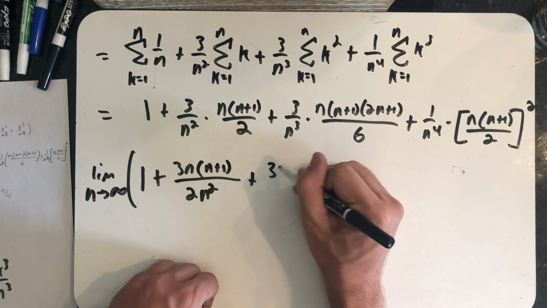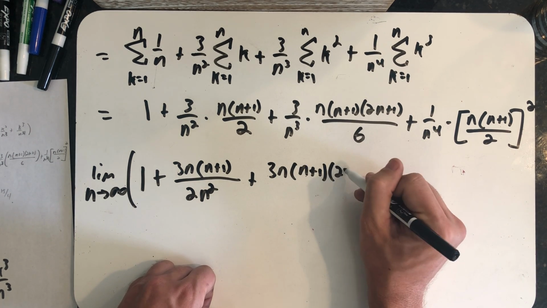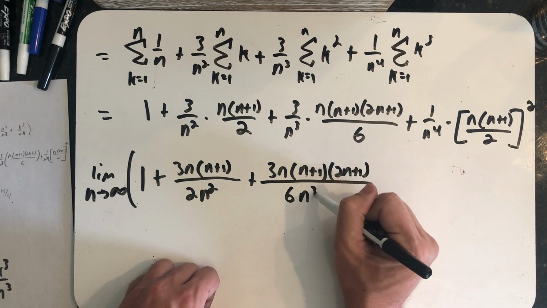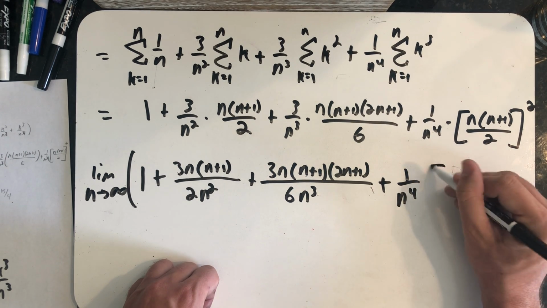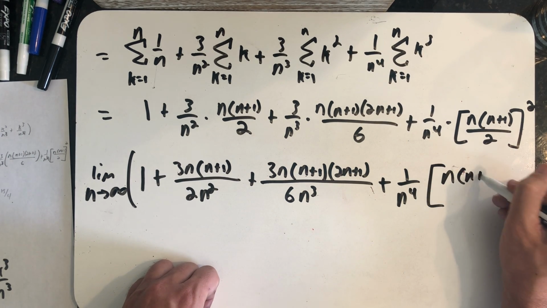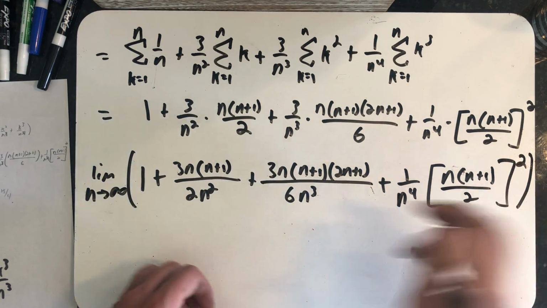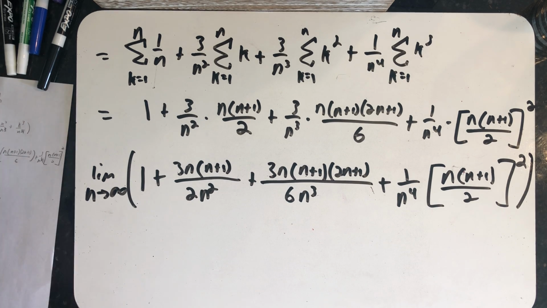I'm just going to write everything down and see if I can take the limit of each one of these rational functions as n runs off to infinity. All right, so there's my limit. If I can evaluate that limit, I'll have my area.